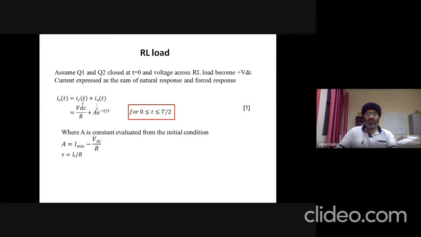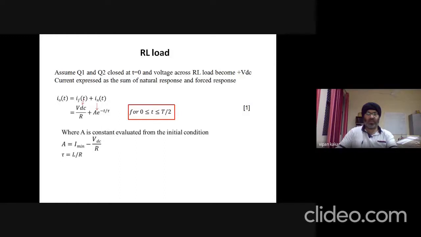So for RL load, the same analysis which we performed for AC to DC converters, for rectifiers, applies: the output current is a superposition of a forced component and a natural component of the current. The forced component is this simple VDC, the supply voltage, divided by the resistance R. And then the natural response, which is exponential.